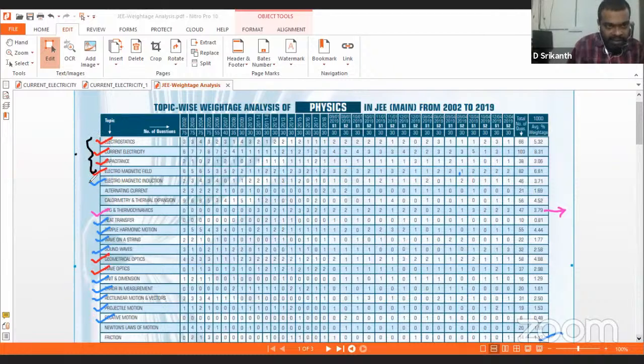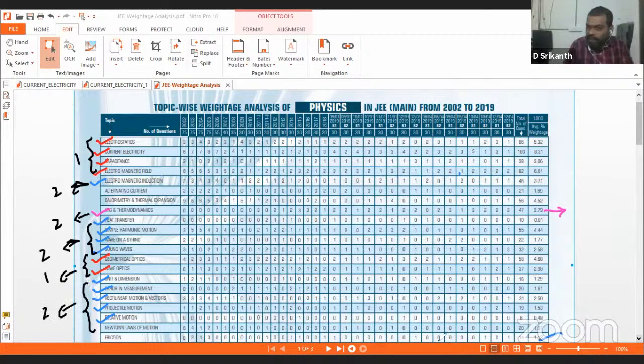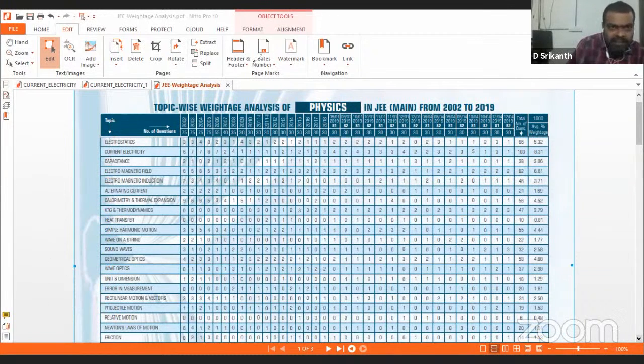This is number 1. The blue one is number 2. And this one is also number 2. Pink is also number 2, in the second round only. This is the first round, and this is the second round.